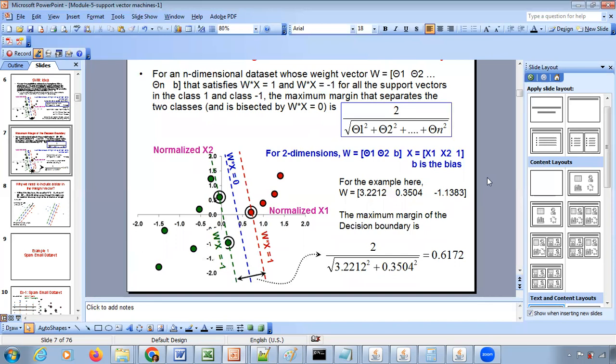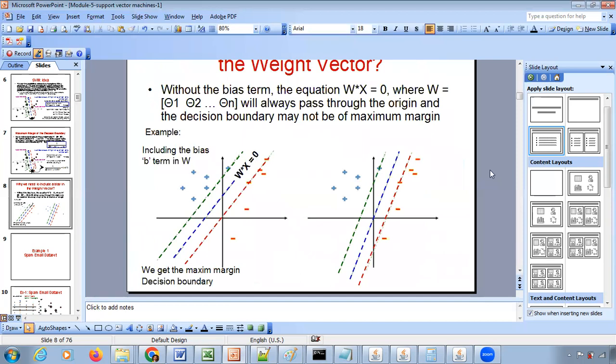If we don't have a bias, or if we do not want to have a bias, then the dividing line will always try to go through the origin. The green and red lines will still be parallel. The only thing we are not guaranteed is the maximum width of the margin. Is the margin that you find for the decision boundary going to be of maximum width?